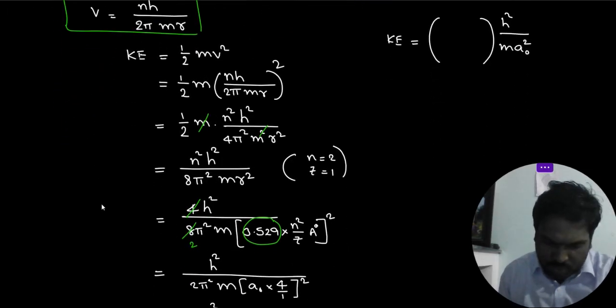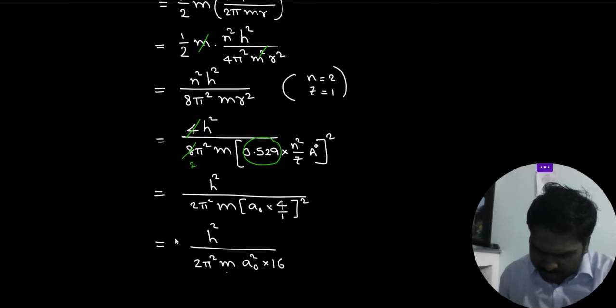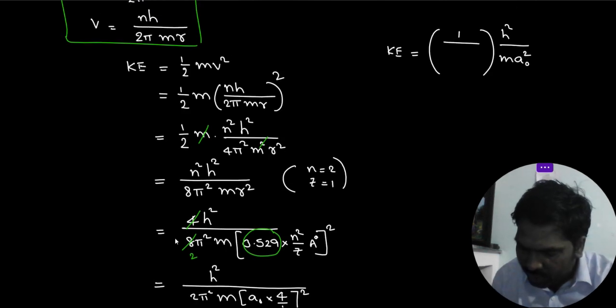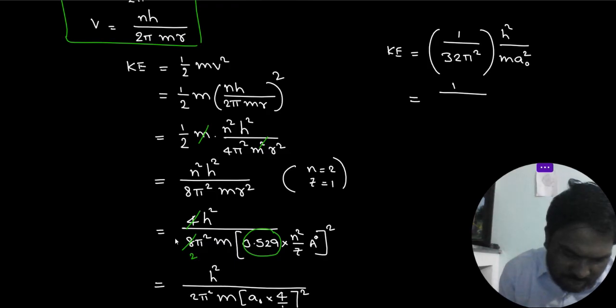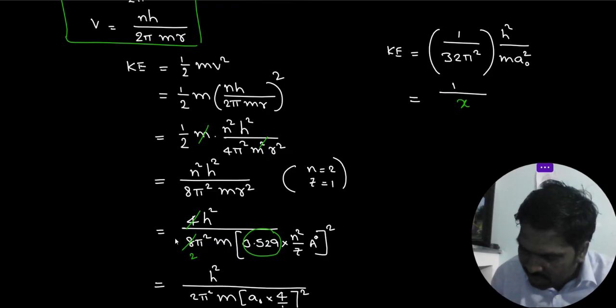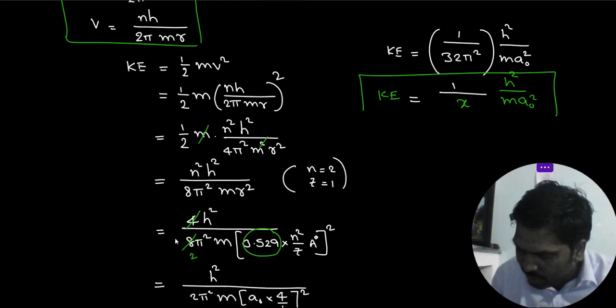So what is the rest of the part here? 2 times 16 is 32 pi square. So the 32 pi square is x, in h square by m a naught square. This is the required expression, understood?